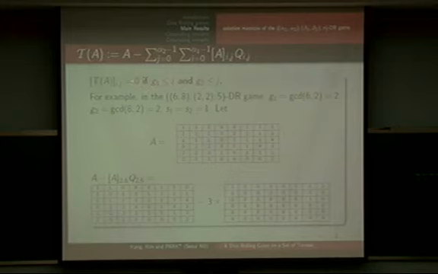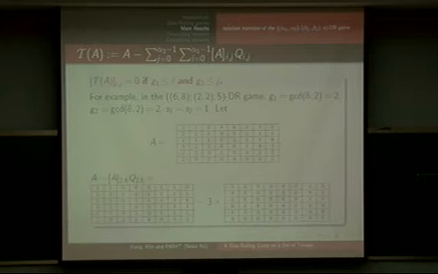That is, for example, see this matrix and consider this matrix A minus Q26, the entry of A26 and Q26. Then the 2,6 entry of this matrix is 0, as you see: the 2,6 entry of A and the 2,6 entry of Q26.